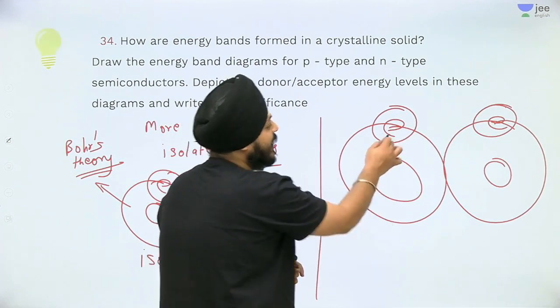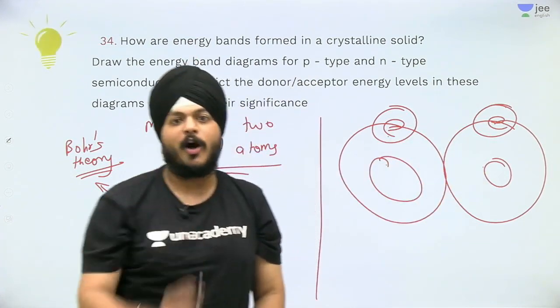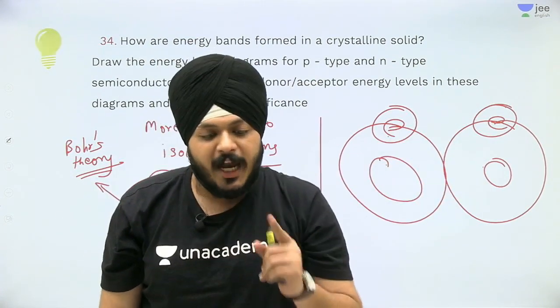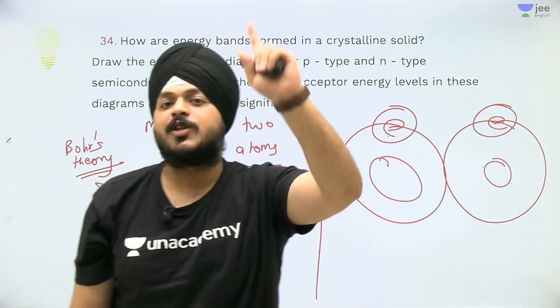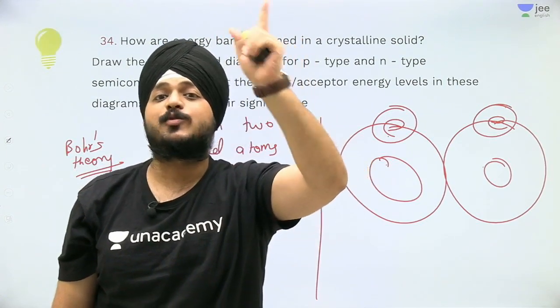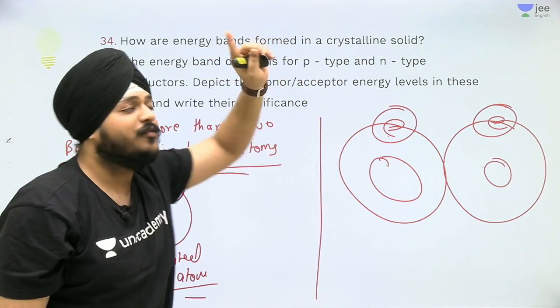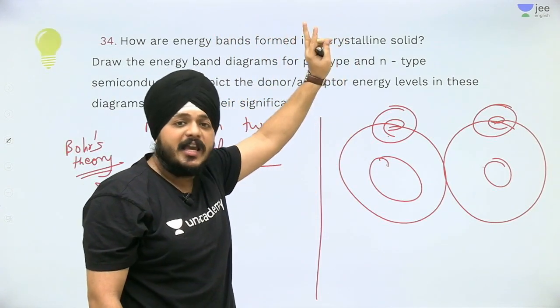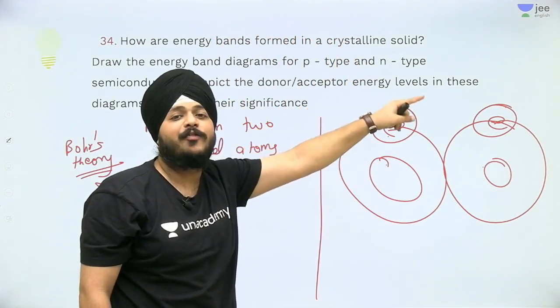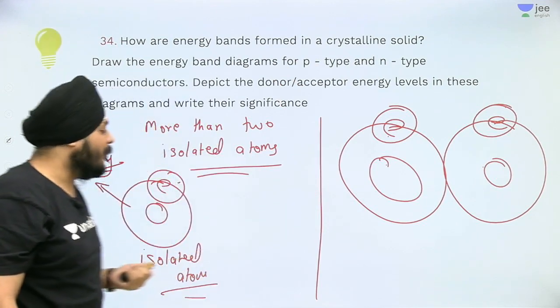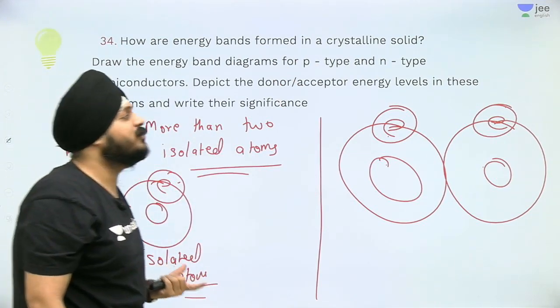But what about this electron and this other nucleus? It would be a foreign force for an isolated atom. So in crystalline solids the foreign forces are acting, but in isolated atoms the foreign forces are not acting.